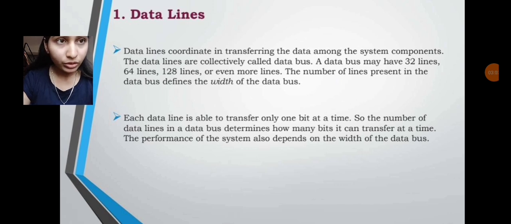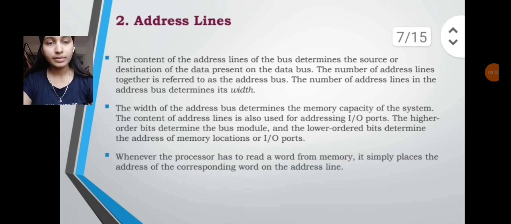Let us move on to the address lines. Address lines of the bus determine the source or destination of the data present on the data bus. The address lines together are referred to as the address bus. The number of address lines in the address bus determines its width. The width of the address bus determines the memory capacity of the system.